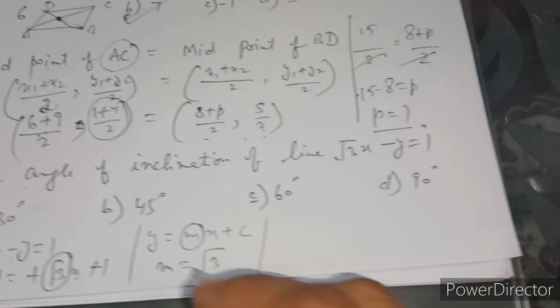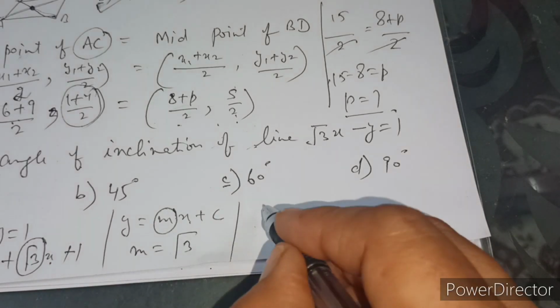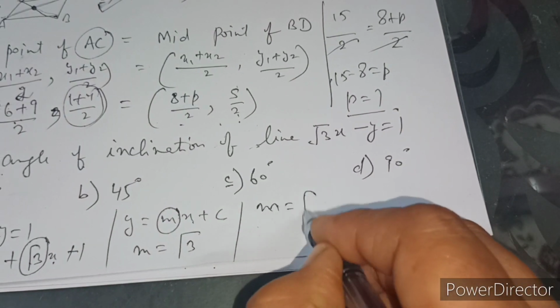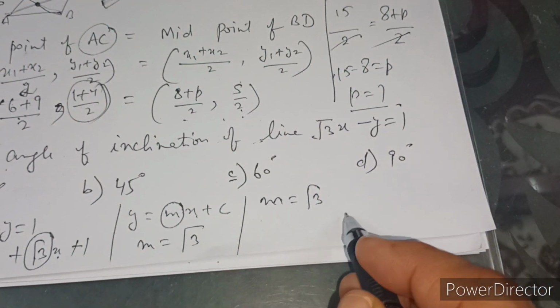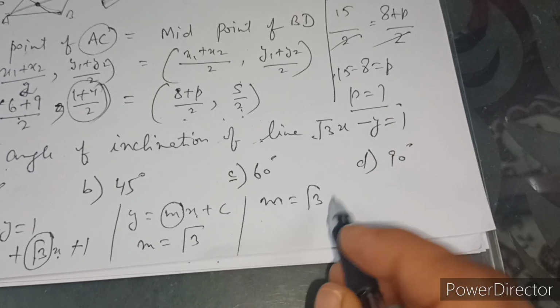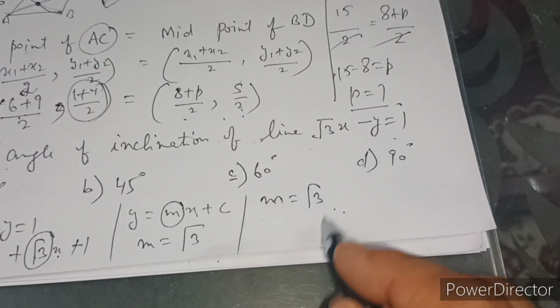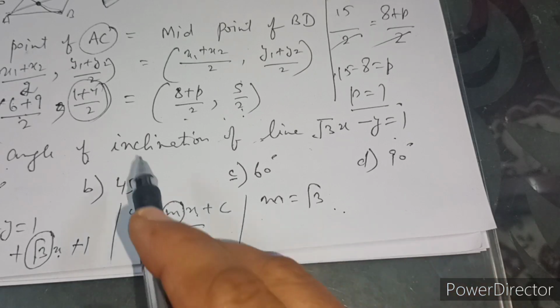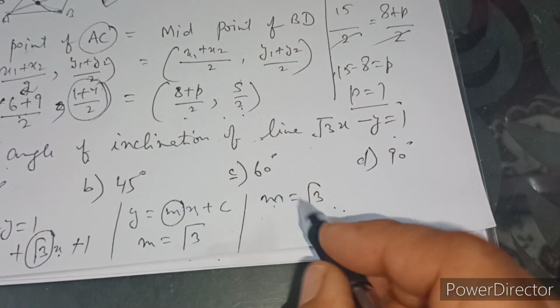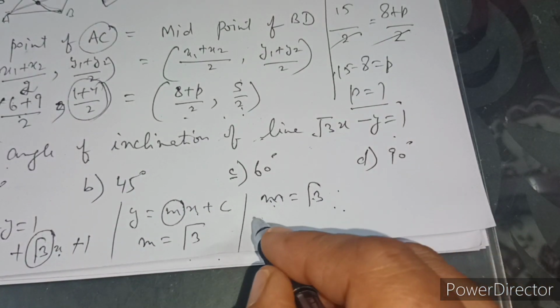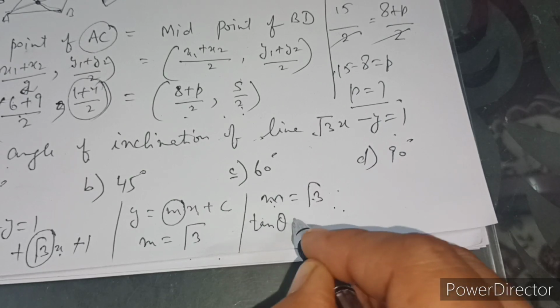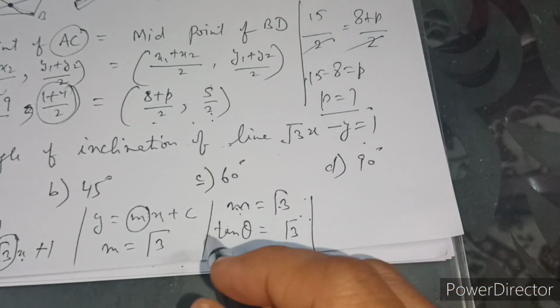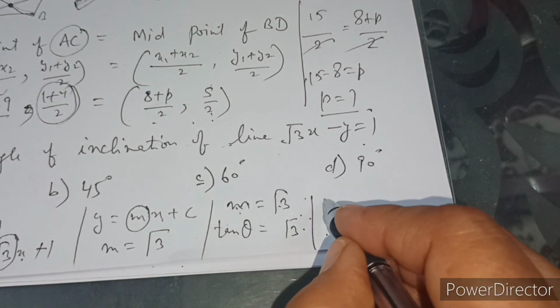When we know the slope, we can very easily find the inclination. The question can also come up to here: what is the slope of this line? The question can be extended by half a mark more by asking what is the angle of inclination of this line. When m is root 3, m is nothing but tan theta, so tan theta is equal to root 3.